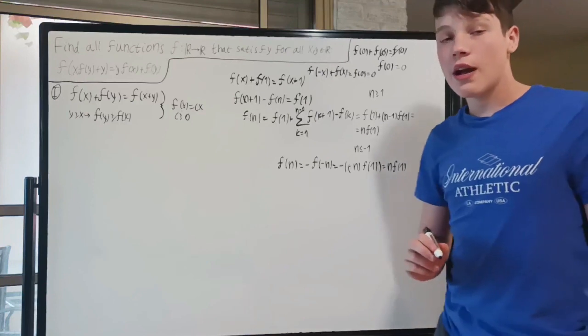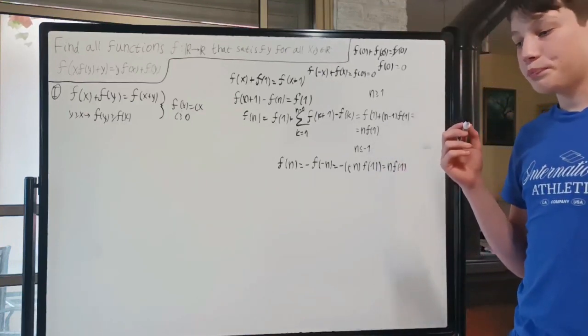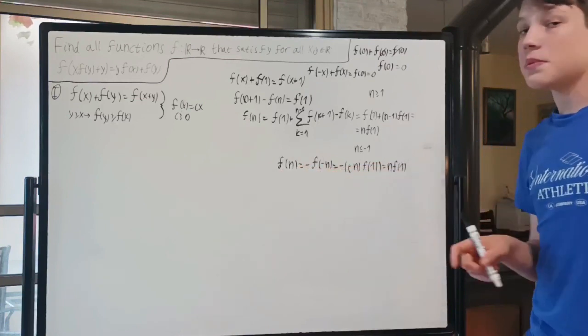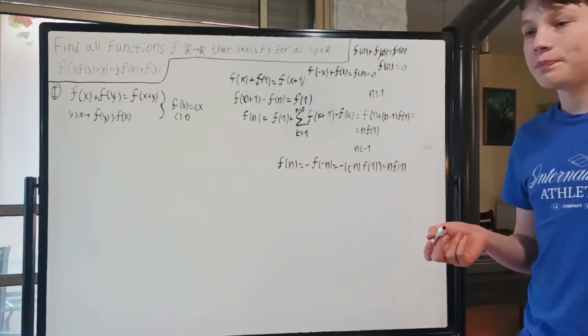So in general, for any whole number n, f(n) is n times the constant f(1).